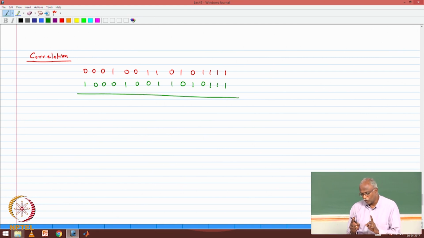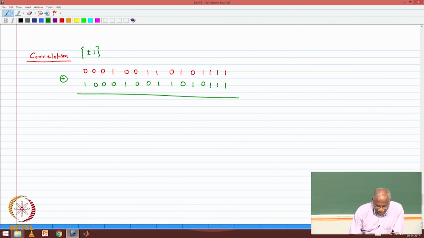Okay. Now correlation, for that you will need to do plus minus 1, then you can multiply and add. But if you want to do it in the binary field itself, you can do exclusive OR. Effectively, you will get the same thing, and that's a property that I'm sure you are familiar with from GF2 operations. But do the exclusive OR.